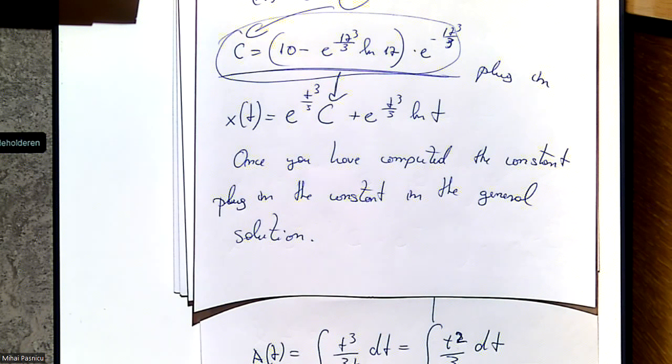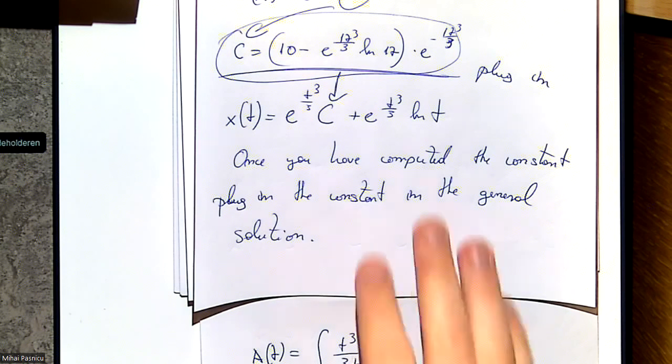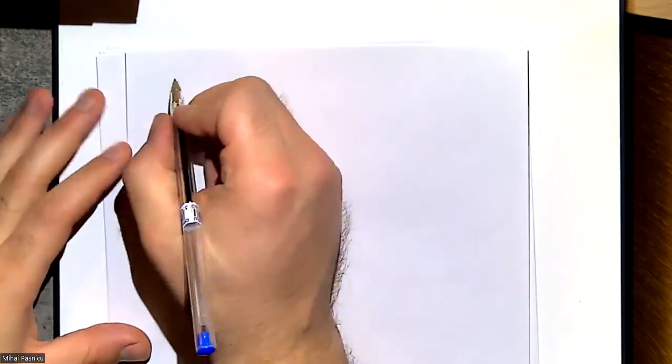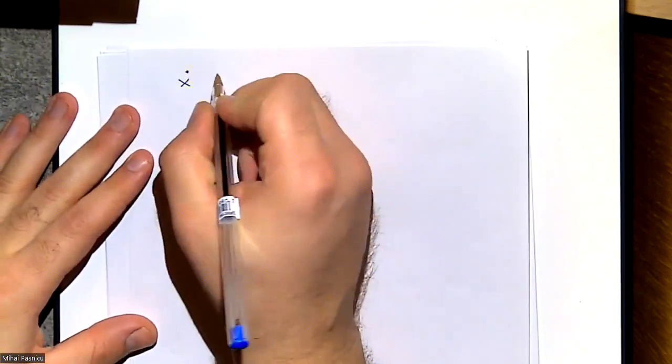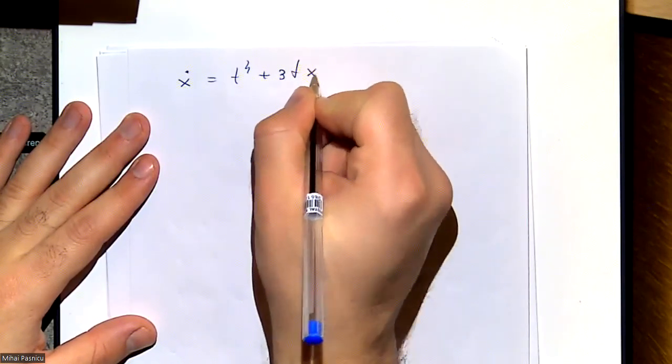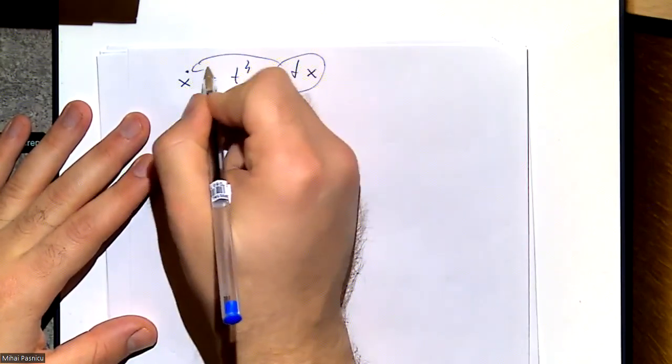That's kind of all. Literally, I think the only tricks that they can do on you guys, everything that I can imagine, is you might just have the x's on the other side, something like x dot is equal to t to the 4th plus 3tx, right? And you just gotta bring it to the other side.